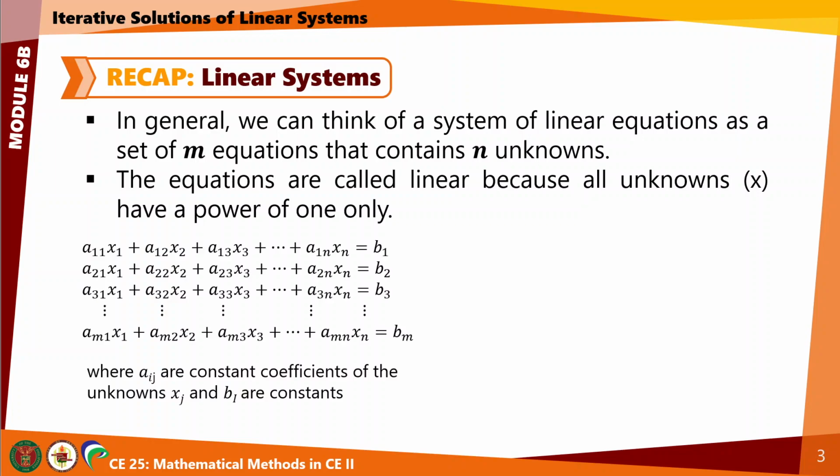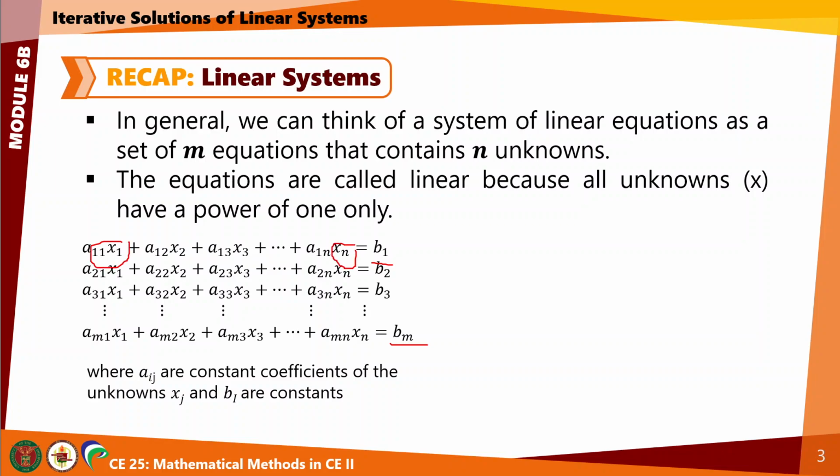Okay, as you can see from this example, we have here m equations. As you can see, b1 until bm, the index of our coefficient b starts with 1 until m. So we have m equations and n unknowns. The unknowns are the x here, so we have x sub 1 until x sub n.